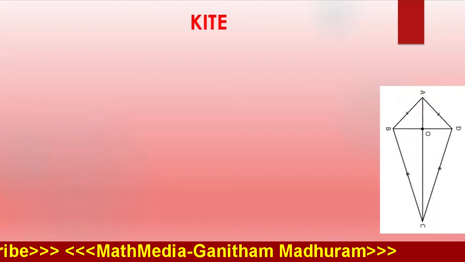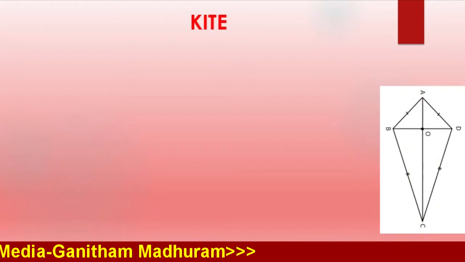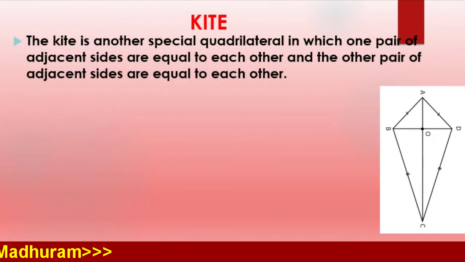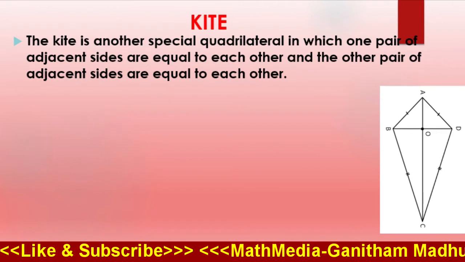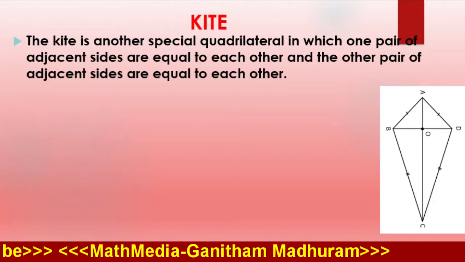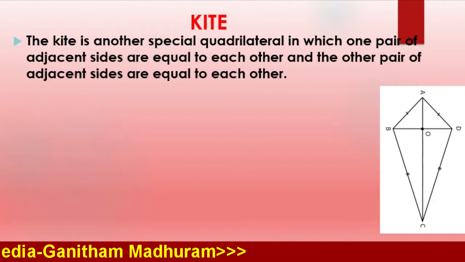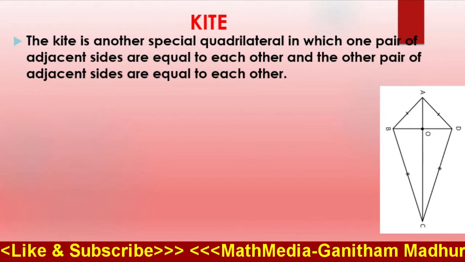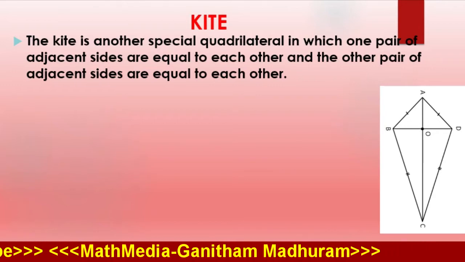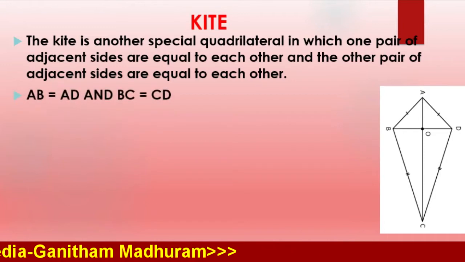Our next quadrilateral is the kite. The kite is another special quadrilateral in which one pair of adjacent sides are equal to each other and the other pair of adjacent sides are also equal to each other. Here, which are the adjacent sides?